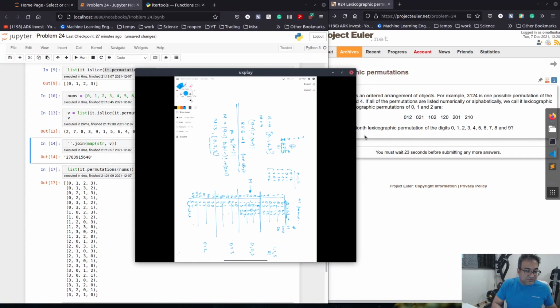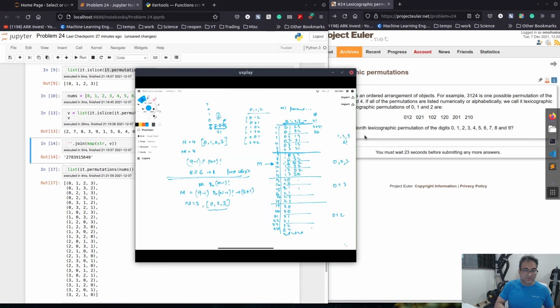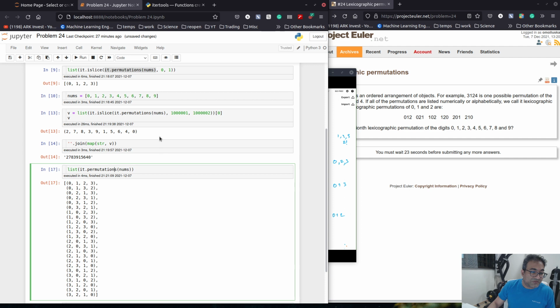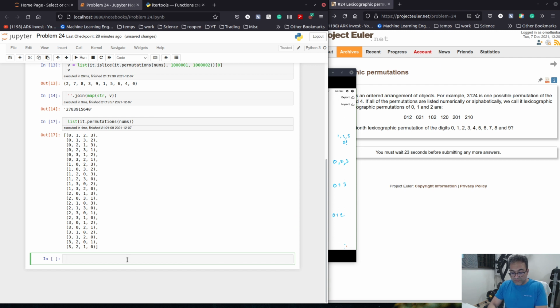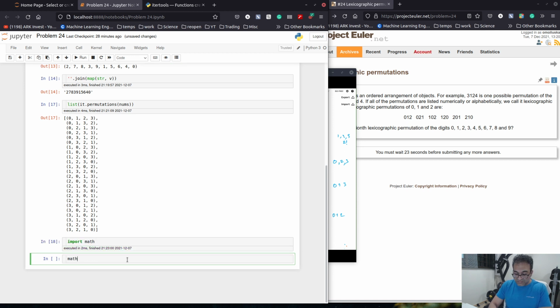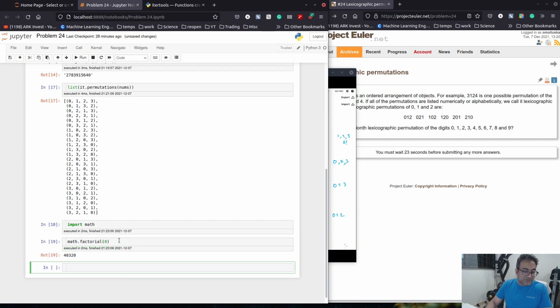So according to this, the first one is going to be 9 minus 1, so 4, 9, 8 factorial, that's that number.